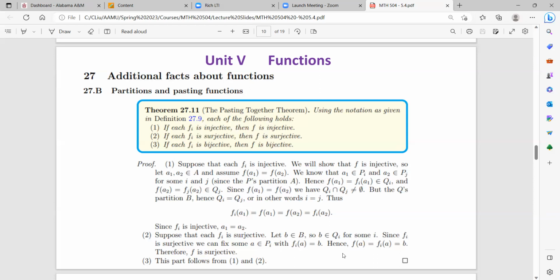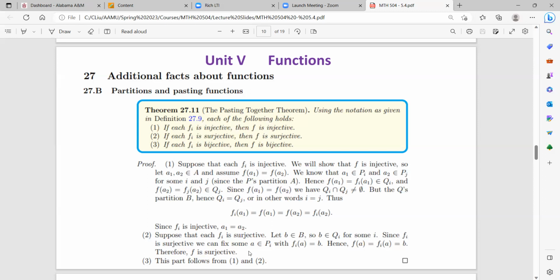So then we're done, because f(a) is just f_i(a) because a is in P_i. So that's how it's defined, and that's equal to b. So we have shown that any element in the codomain B has a pre-image a in P_i, which is also in A. So that proves the surjectivity of the function f.